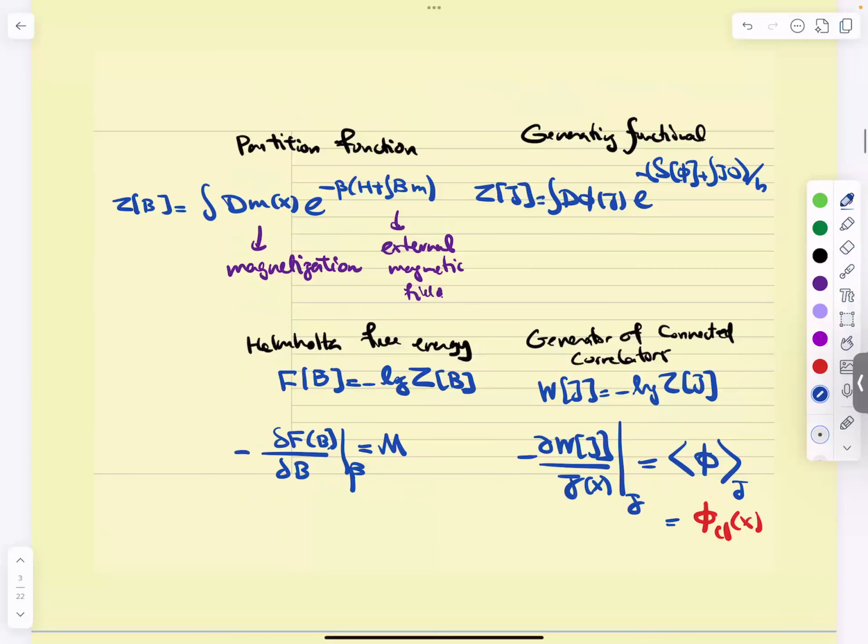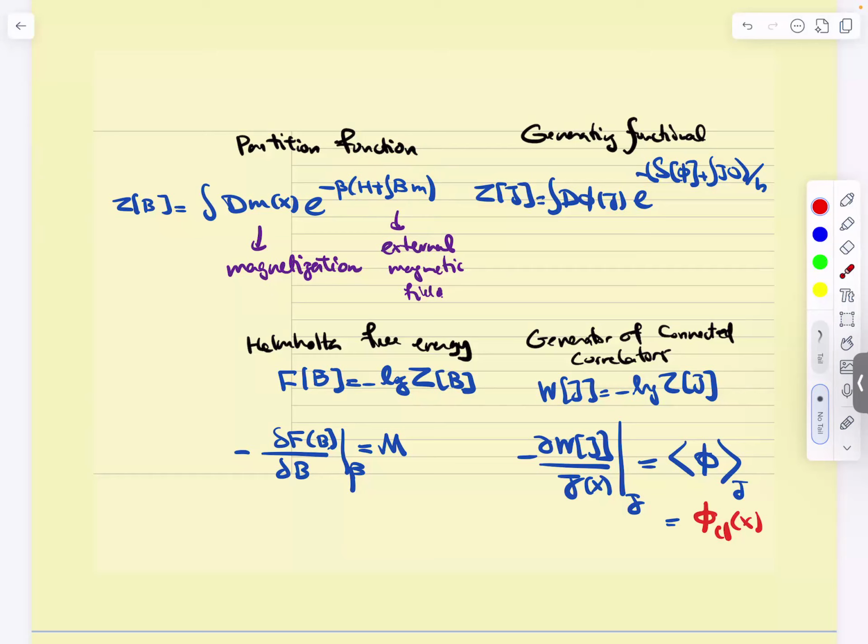All right. So back to classical physics, you deal with the partition function. The partition function is a path integral over m of x, the magnetization, with e to the minus beta H plus a source term. This is the source for the magnetization, the external magnetic field, right?